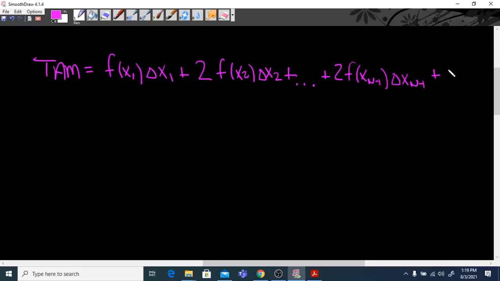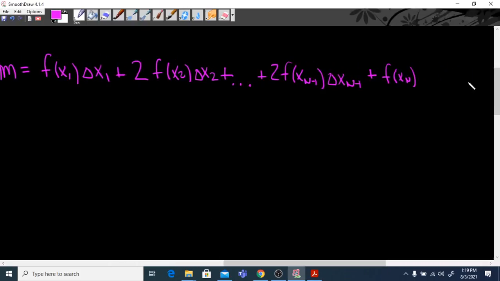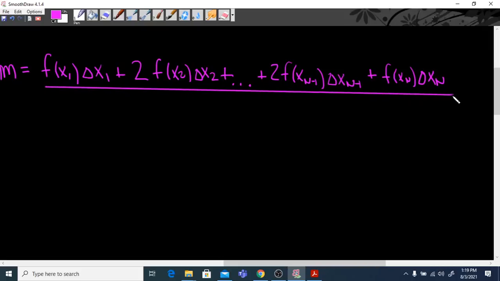And then we have plus f at x sub n, delta x sub n. Okay, and then we divide all that by 2.